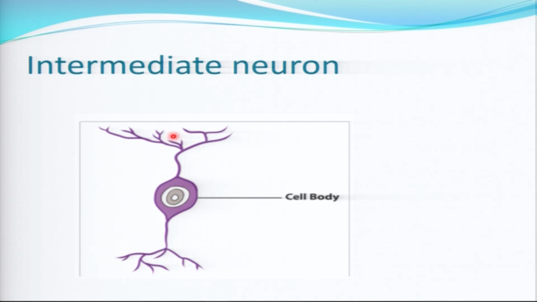And then you have also interneurons. Interneuron is also called associated. It has many names, associated or relay. You can also call it relay neuron. And then lastly, we have motor neuron.